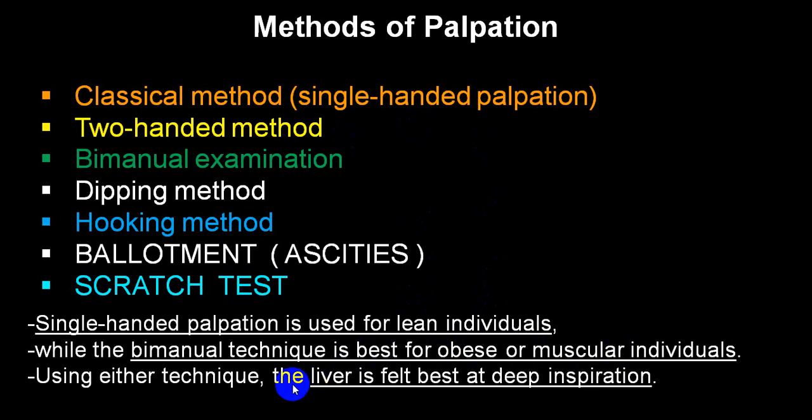That will be very useful. Whenever you palpate for the liver, always palpate the lower border of the liver on deep inspiration and confirm that the liver moves with respiration, because the diaphragm moves and the liver is below the diaphragm.